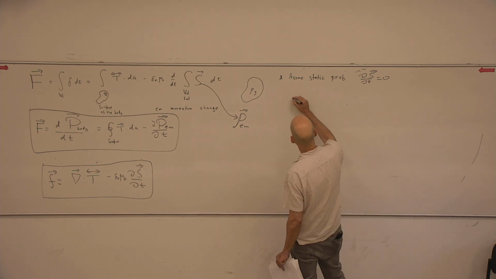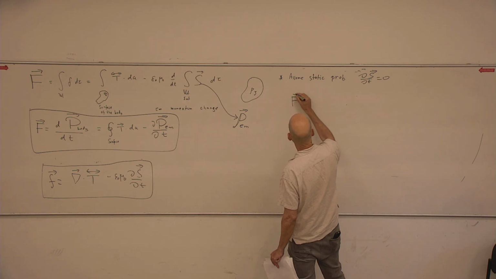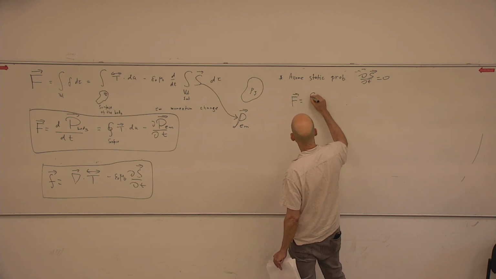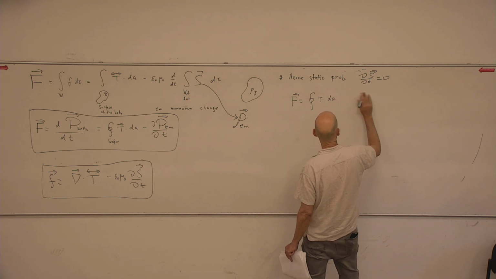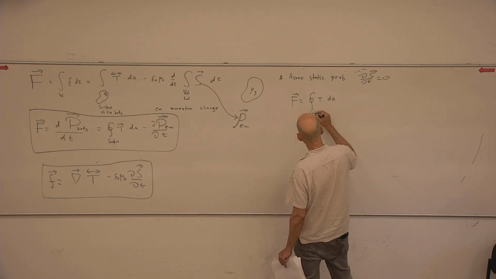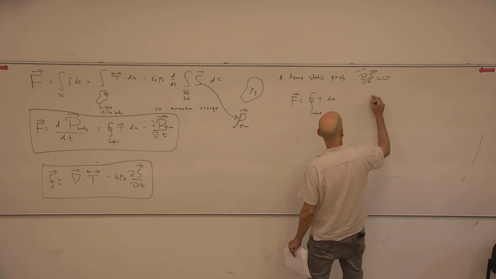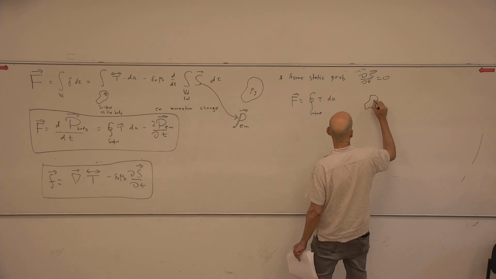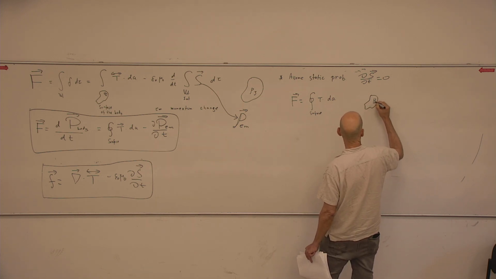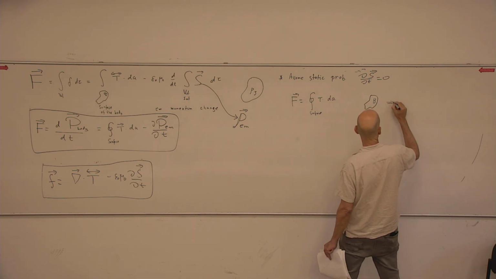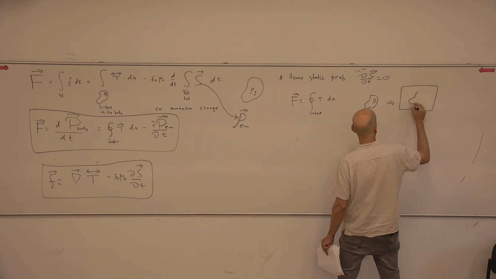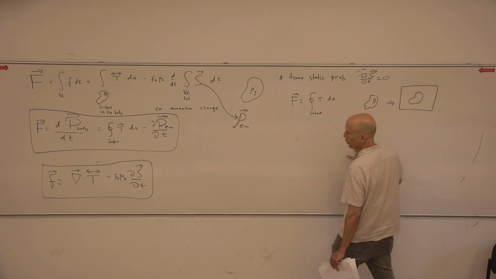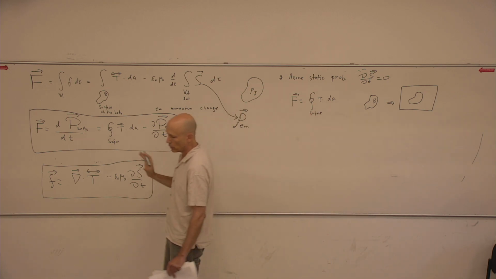So the force now is simply the integral of T dA on the surface, and this is the surface in principle of the body, but as I mentioned, I can do the integral over this surface, for example, or any surface which has no charges inside and no currents inside.